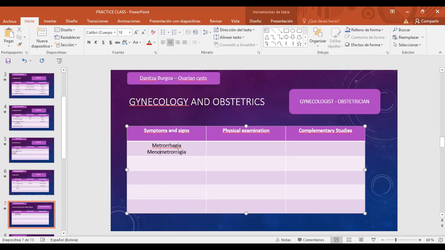So when we add an H here, we get the word in English, menometrorrhagia. It means irregular cycles with a lot of bleeding. Okay, so the one related to this disease is actually this one, right? Metrorrhagia. So you also told me acne, right? And that is correct.